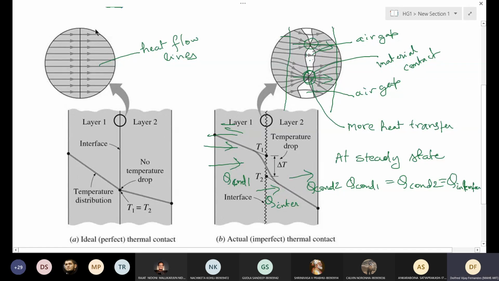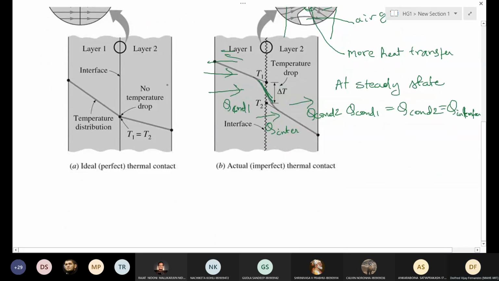When this happens, that means in the interface there will be a large temperature gradient compared to the solid material. So you can see that there is a large temperature gradient here at the interface. That means the interface offers great resistance compared to the solid material. Previously, I told you that when there is a low thermal conductivity, it has high resistance to heat transfer.